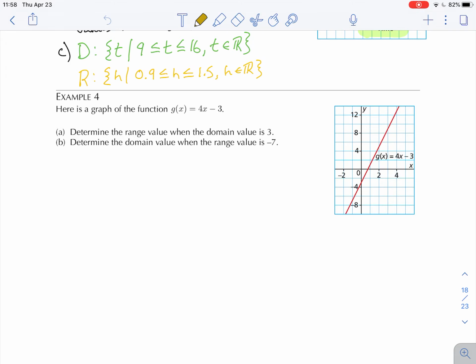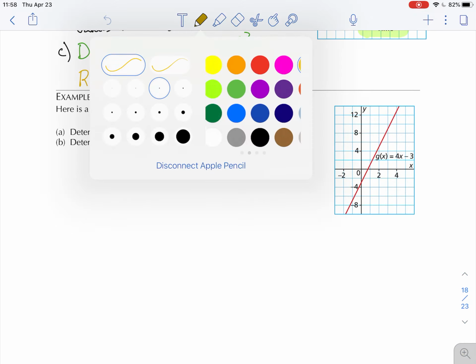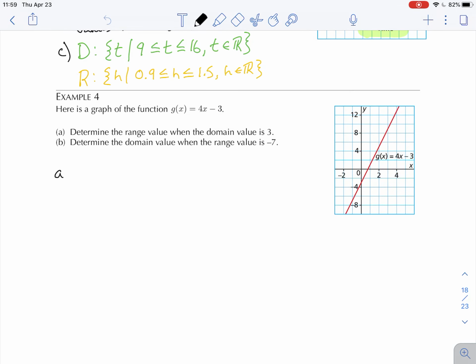All right, let's take a look at the last example, example number 4. Here is a graph of the function g of x equals 4x minus 3. It's a function because it passes the vertical line test. You should be able to see that quite quickly. Determine the range value when the domain value is 3.